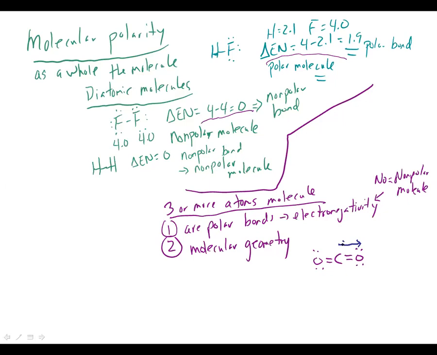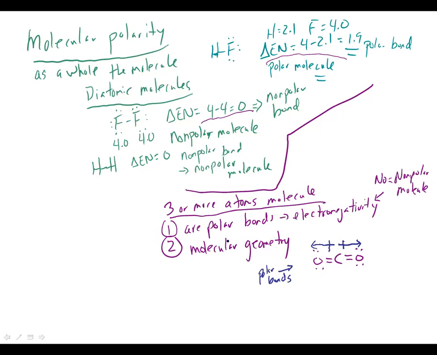We have one heading in this direction, pointing to the oxygen that's more electronegative. We would also have a polar bond heading in this direction, also pointing to the oxygen, which is more electronegative. Now, this CO2 does have polar bonds. So you may think to yourself, well, perhaps this is a polar molecule.